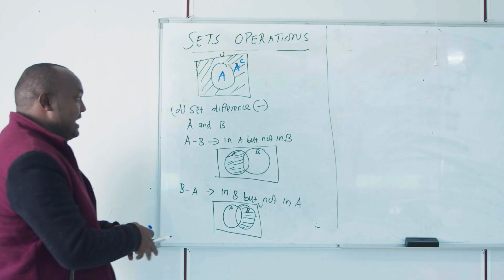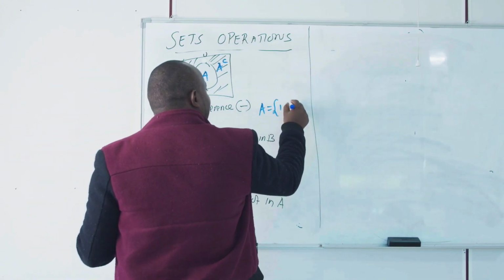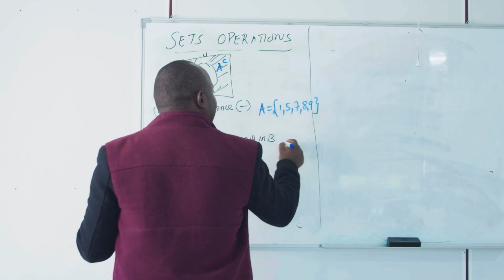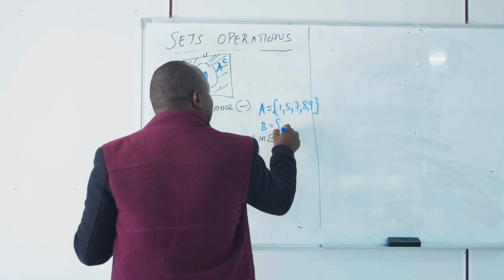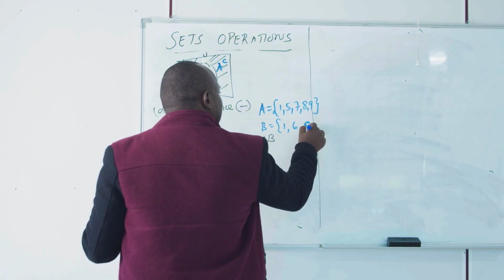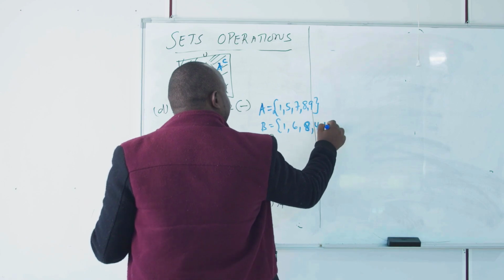Let's take an example. Assume you had a set A has 1, 5, 7, 8, and 9. And maybe you have set B with 1, 6, 8, 4, 10.